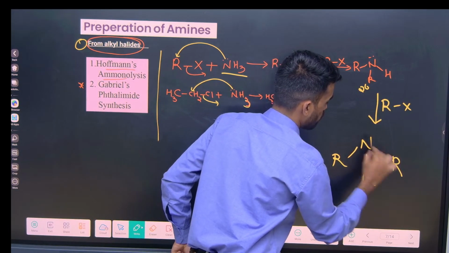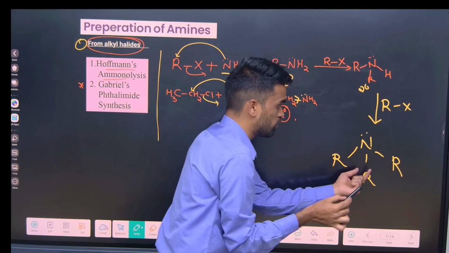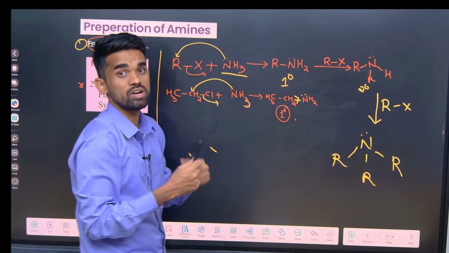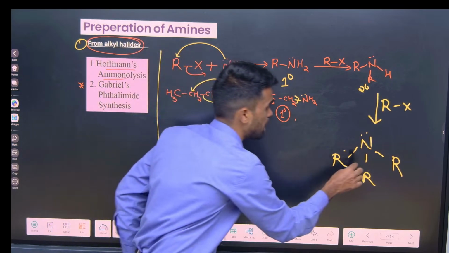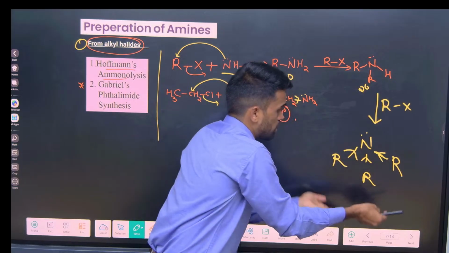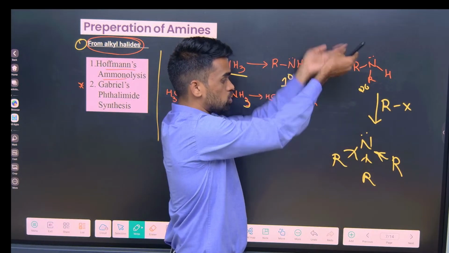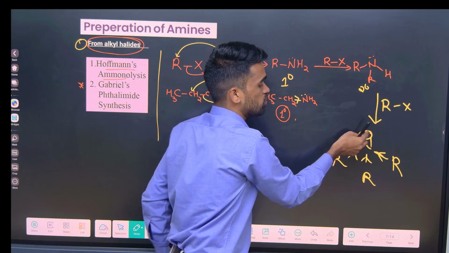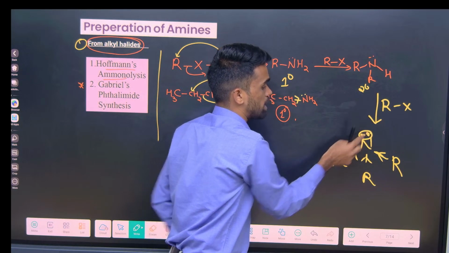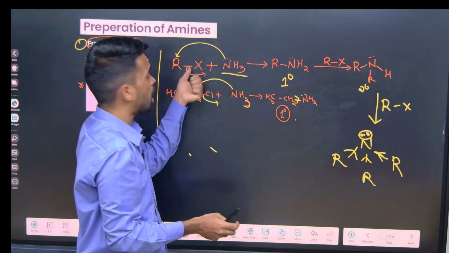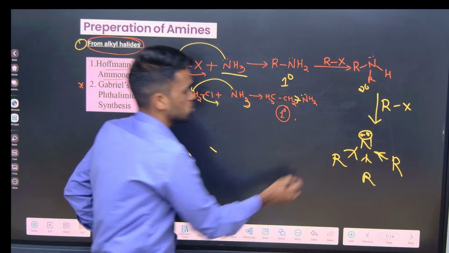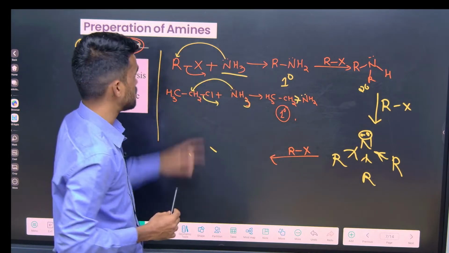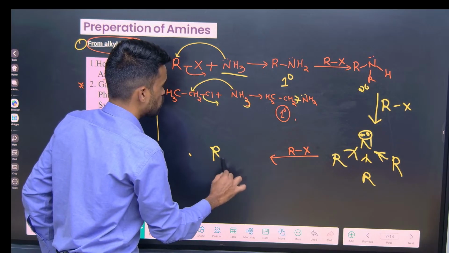Now this tertiary amine is more nucleophilic than the secondary, primary amine and ammonia. Why are they more reactive? Because three alkyl groups are there now. So they release electrons towards the nitrogen and create more electron density on this nitrogen atom. If more electron density is present on the nitrogen atom, it will be easily donated to the alkyl halide. So this will readily react with the alkyl halide, the starting material, and gives you a quaternary salt.